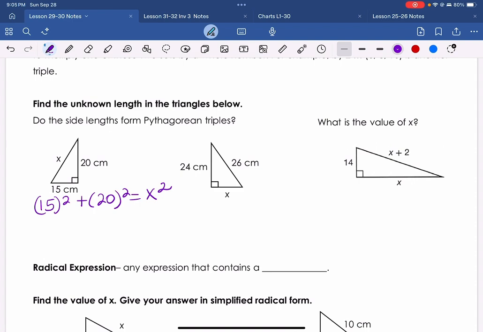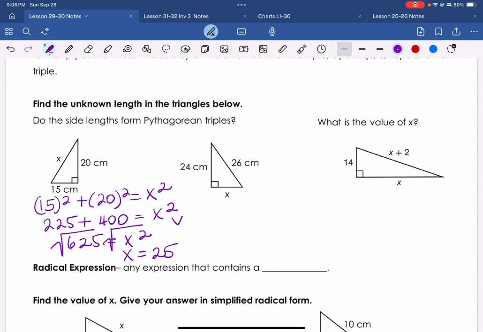So I have 15 squared, which is 225, plus 400 equals x squared. Add those together, I get 625 equals x squared. And if I take the square root of both of those, I get a beautiful number of 25. So the answer is yes, it is a triple because it came out beautifully.